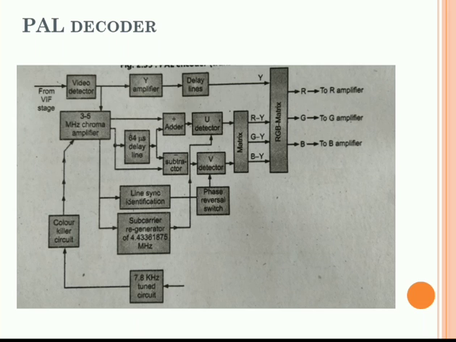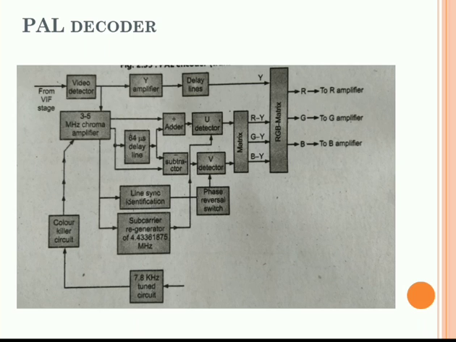This is the diagram of PAL decoder, which consists of, from the VIF stage, the composite color video signal at the output of the encoder, that is given to the video detector. After that, Y amplifier, and we provide a delay line. After that, a 3.5 megahertz chroma amplifier, where the chrominance signal will be separated, and a color killer circuit is also used here.